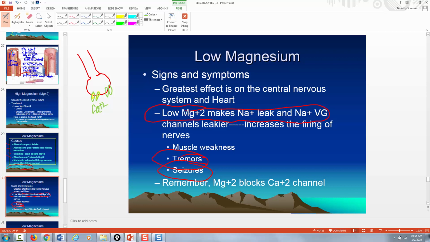So if magnesium is low, calcium enters more frequently and releases more neurotransmitter. And because more is being released, that central nervous system becomes much more active. And again, the highest level of neural activity you can have without dying are seizures.